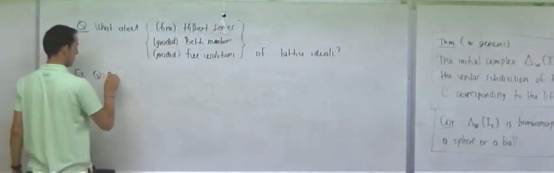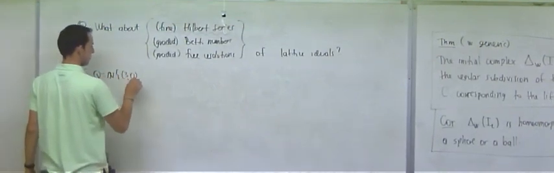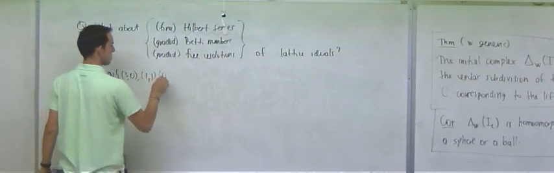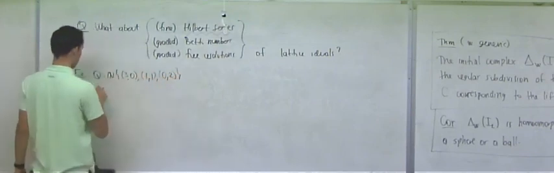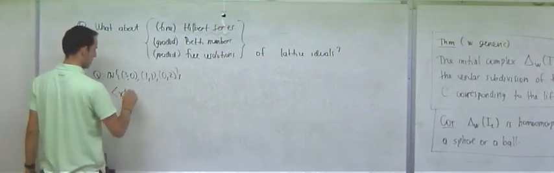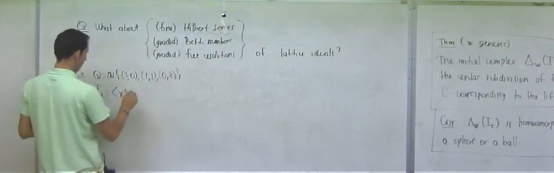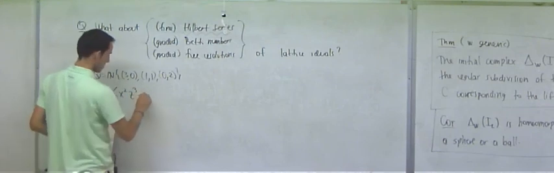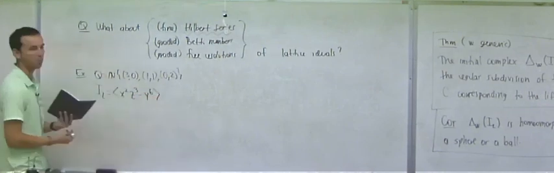Let me just write this out. In this example, the lattice ideal looks like this, and now we're asking ourselves, how can we find the Hilbert series of this guy?